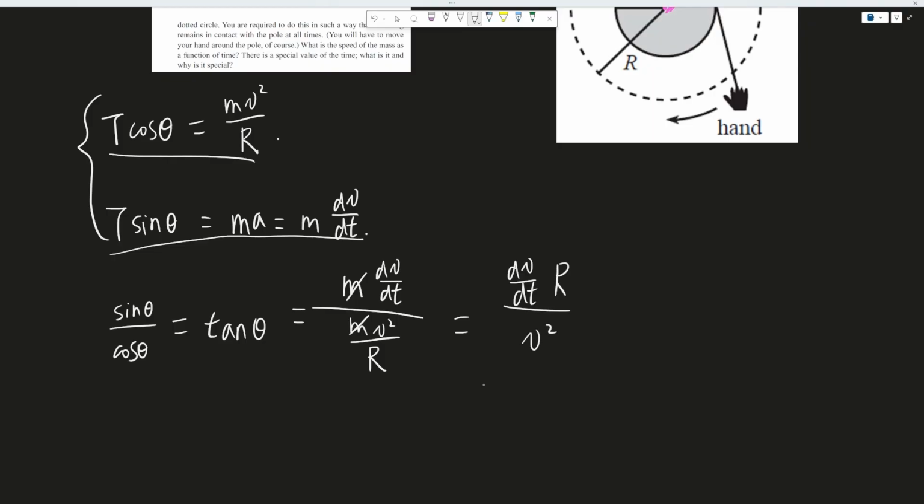Now this really just becomes a differential equation that we are trying to solve. So let's try solving it. What if we get all the v's on one side and all the t's on the other side? Let's first move the constants to one side. So tangent theta over R times the integral of dt equals the integral of 1 over v squared dv.